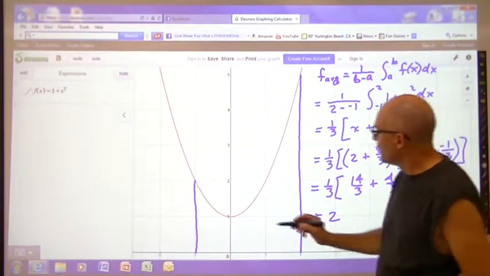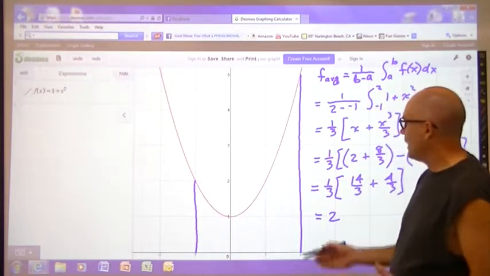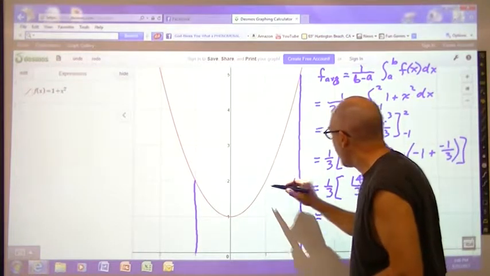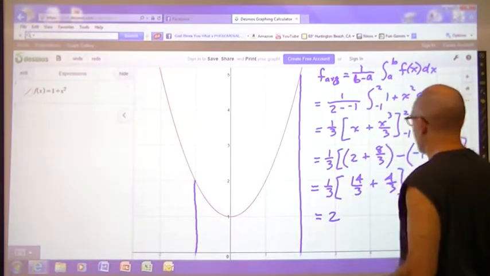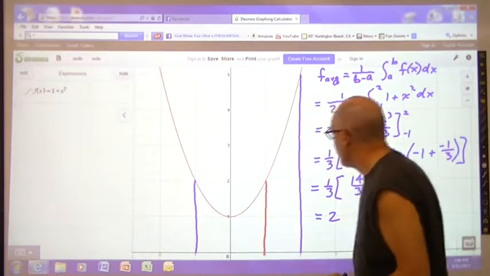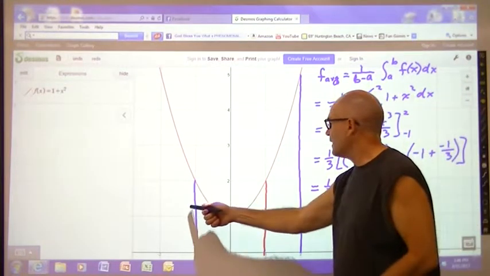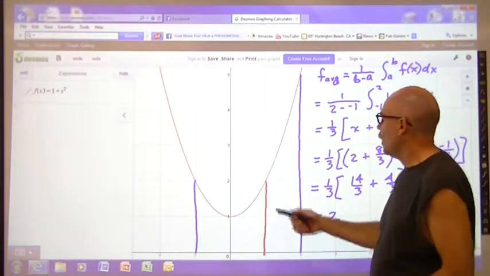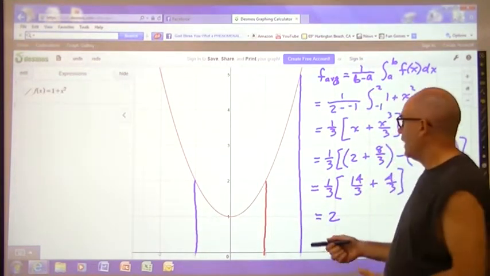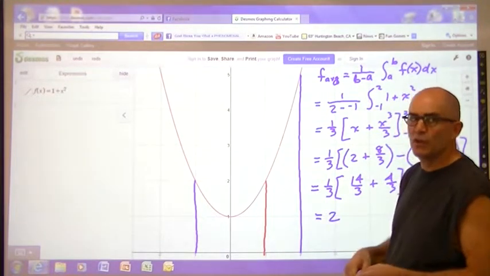So notice the first place I see is right here at -1. That's a height of 2. The second place I see is right here at x equals +1. So x equals -1 and x equals +1 are both points where the c value gives us an f of c that's the average value of the function.